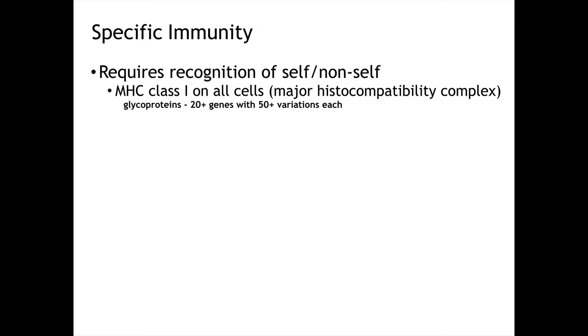So the MHC is common to the cells of the host. So the self, your cells have your MHC on it. The major histocompatibility complex is not an antibody, but it contains similar amino acid sequences that resemble antibodies, and they're going to make the cells of a particular host unique to that particular person.